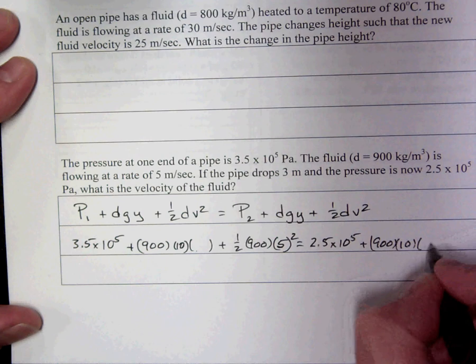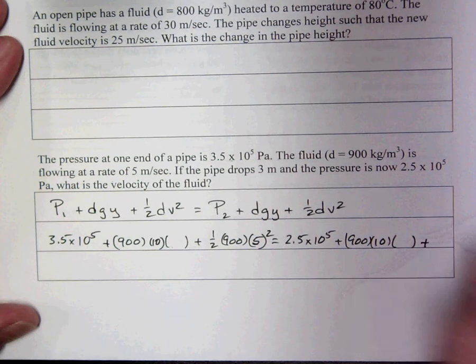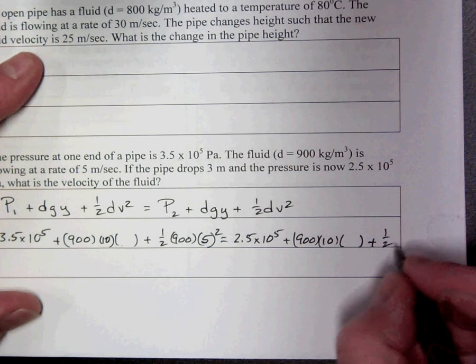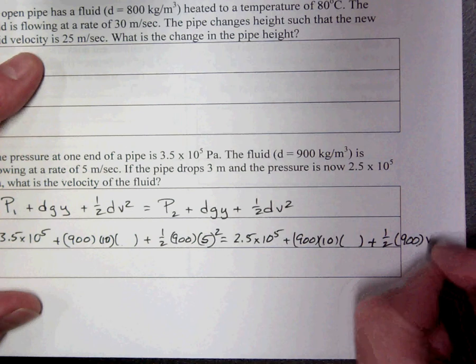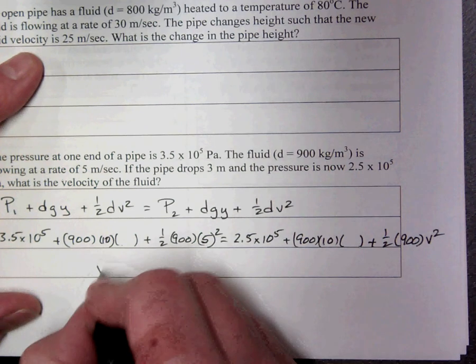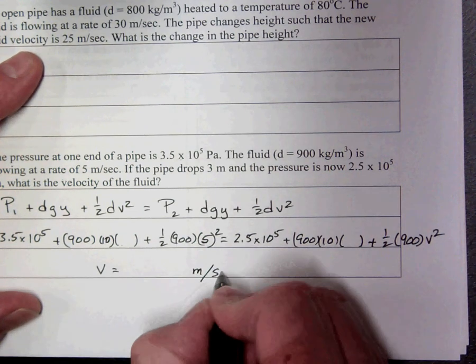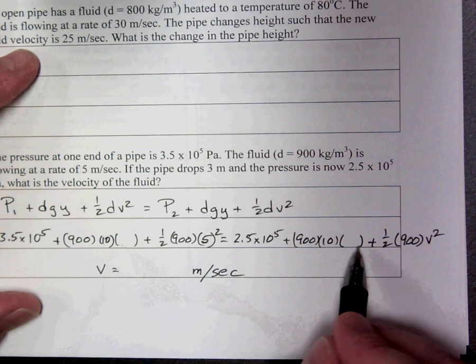I'm going to leave that blank, and on this one you notice you can run out of room real quick. Okay, there's 1/2, 900, and there's the v squared. We know that is v in meters per second.